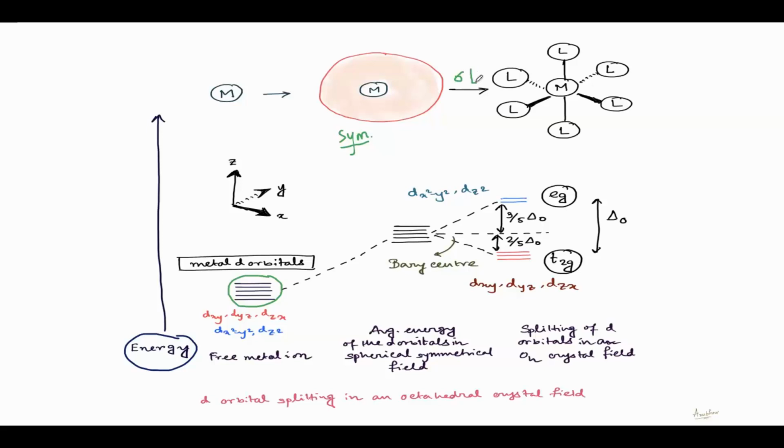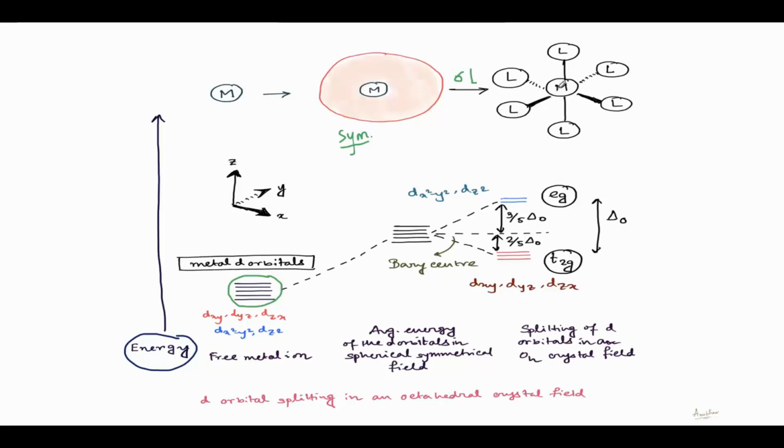Now there should be a repulsion between the electrons in the metal d orbitals and the electrons of the ligands. Ligands have electrons, and there are also electrons present in the metal d orbitals, so there will be a repulsion. Such a repulsion is more when the metal d orbital is directed towards the ligand.